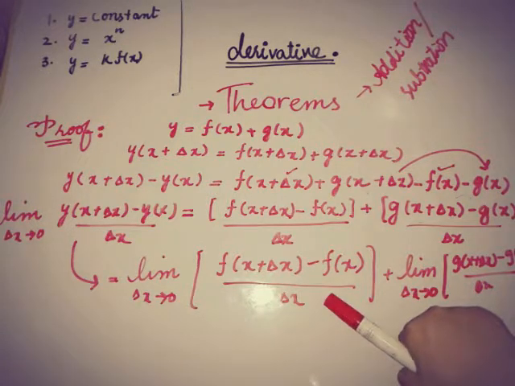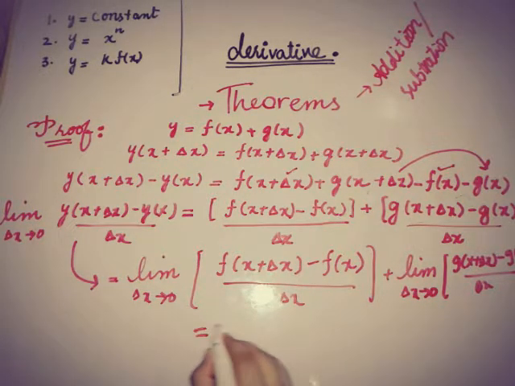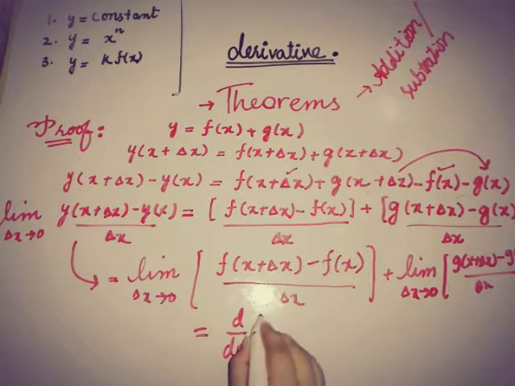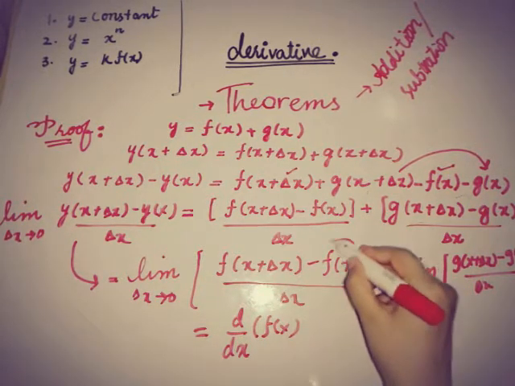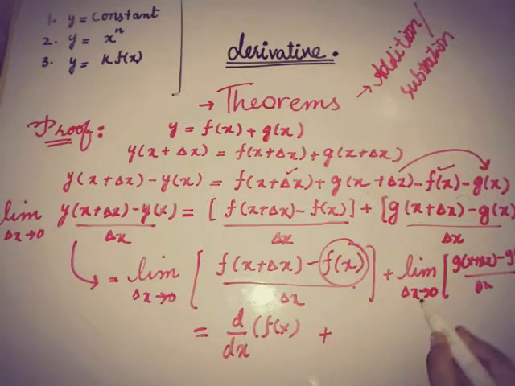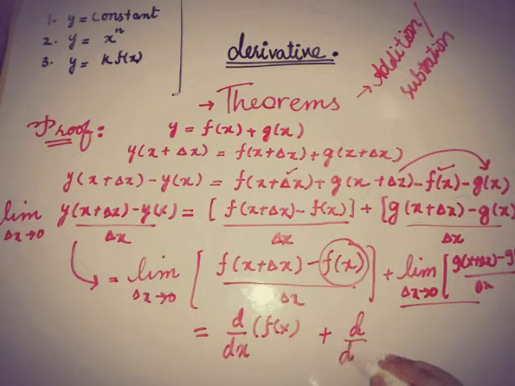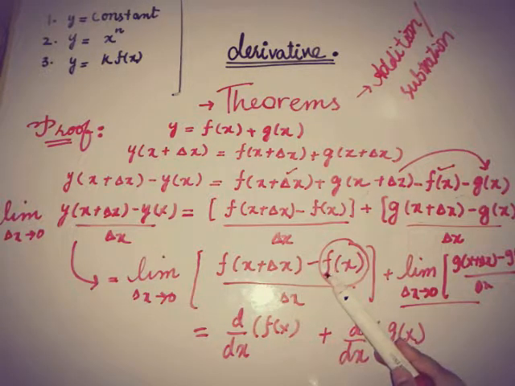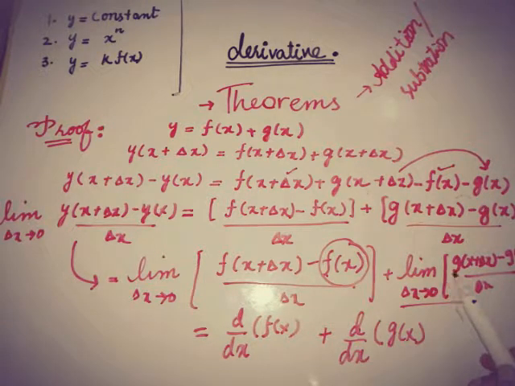By the definition, we know that this is d by dx of the function f of x, and this is d by dx of the function g of x, that is the rate of change of the function f with respect to x and the rate of change of the function g with respect to x. So finally we proved this addition or subtraction theorem, because this is the way we have to prove it, by using the first principle or by definition.